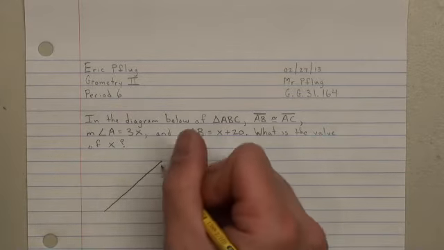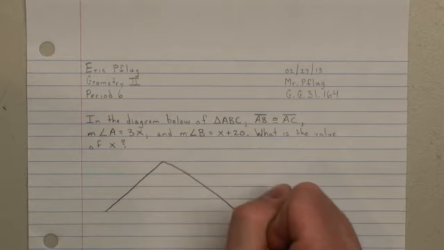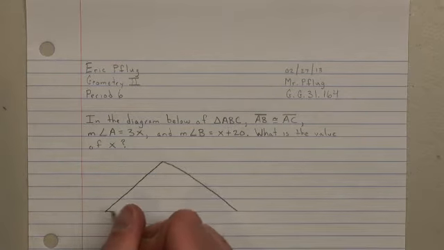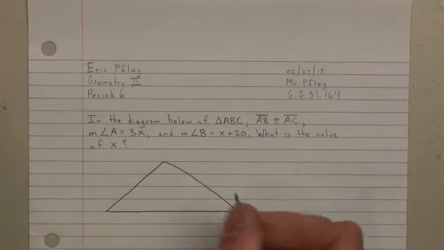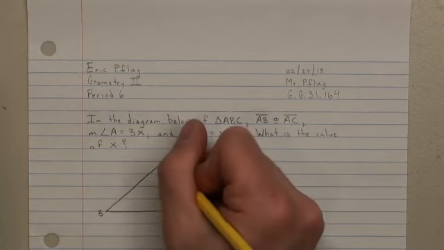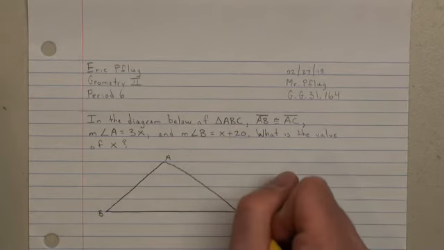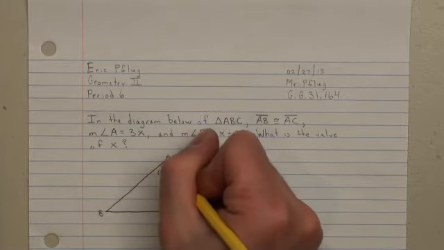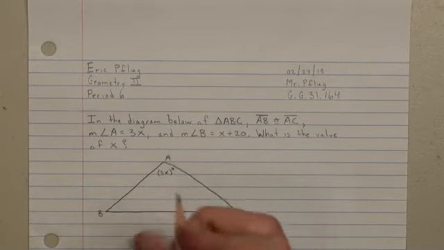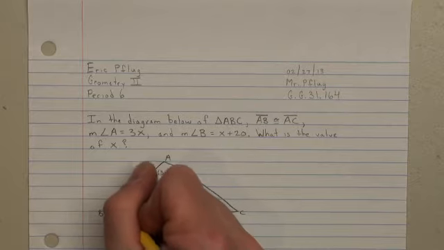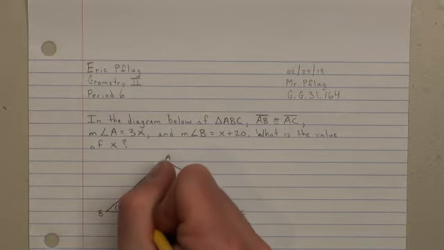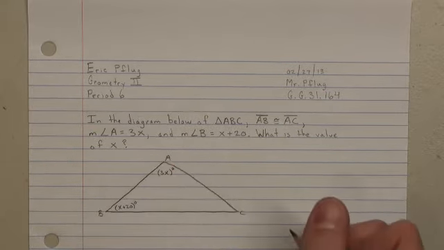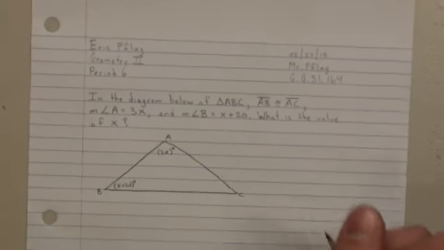Goes up like that, comes down like this, goes like this, and we have B, A, C. This is 3x degrees, and this is x plus 20 degrees. Okay, let's look back at our question.